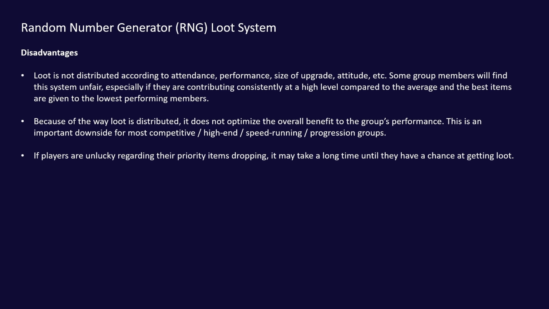And then if players are unlucky regarding their priority items dropping, like they're trying to get a particular item for a very long time, it may take a very long time until they have a chance of getting any loot, just because there's no equalization method for getting loot. It's just, like I said, luck, and you can't compensate for having bad luck with accumulating DKP points or having a lot of money.